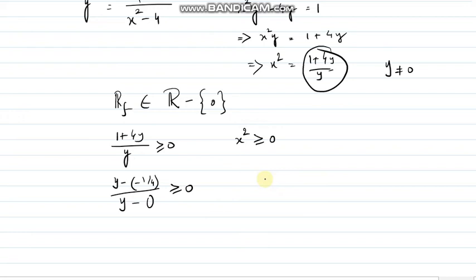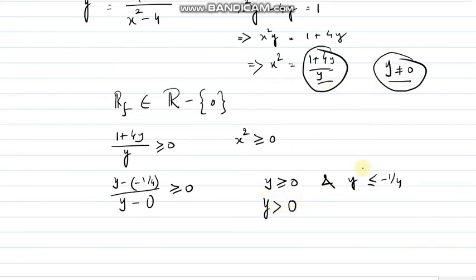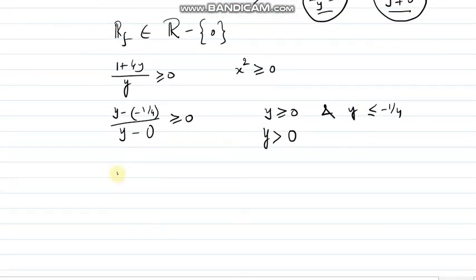From there, y is greater than or equal to 0 and y is less than or equal to minus 1 by 4. As it is greater than or equal to 0, y is greater than the larger number, y is less than the smaller number. But from this case, we know that y is not equal to 0, so this case will be y greater than 0. So ultimately the final range of the function will be minus infinity to minus 1 by 4, where minus 1 by 4 is included, union 0 to infinity.